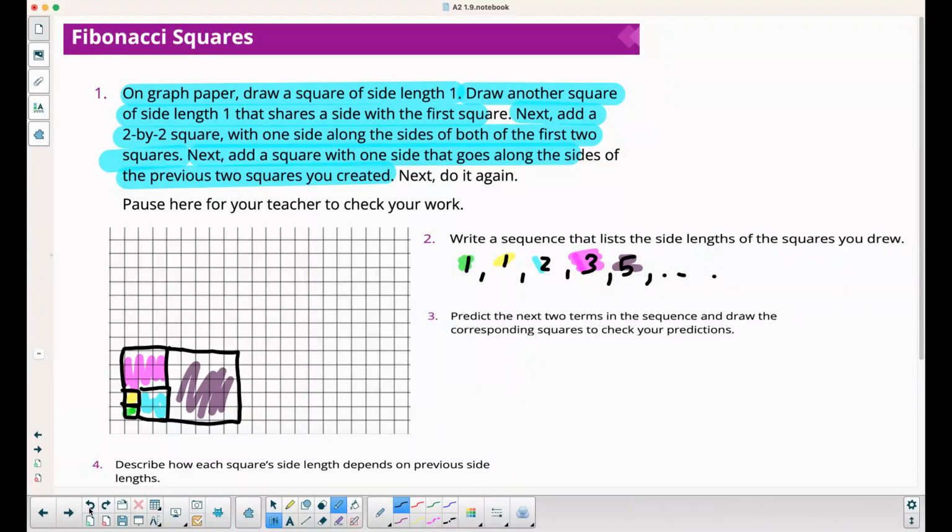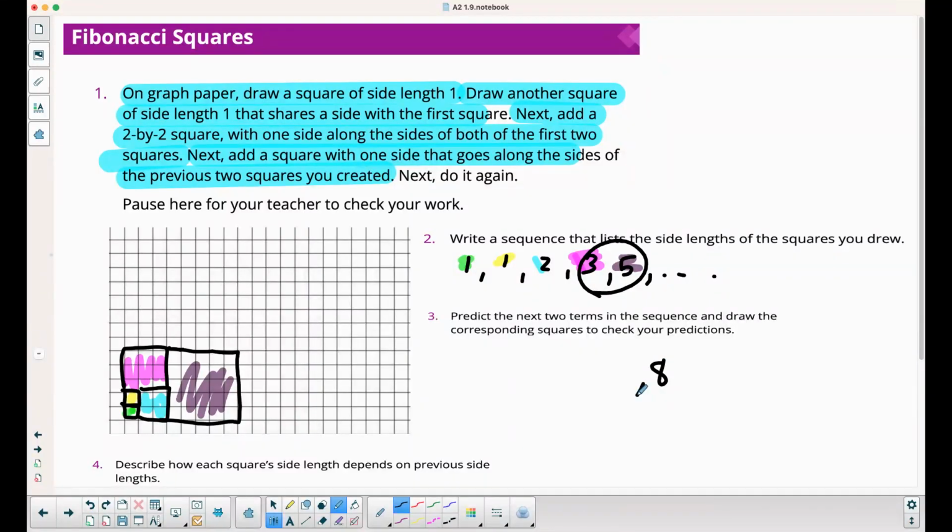And then if I wanted to find this term here, I'd have to add these 2 together to get that. 1 plus 2 would give me 3. So the next term would be these 2 added together. That would give me 8.